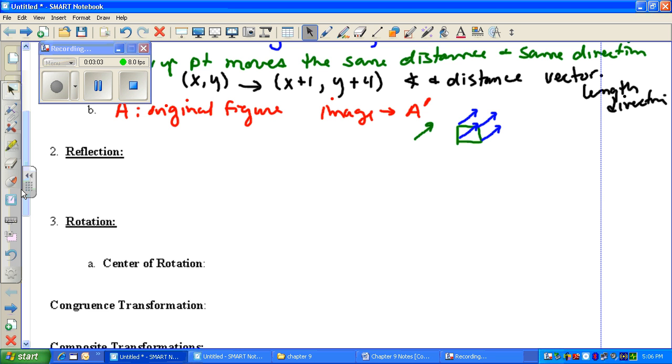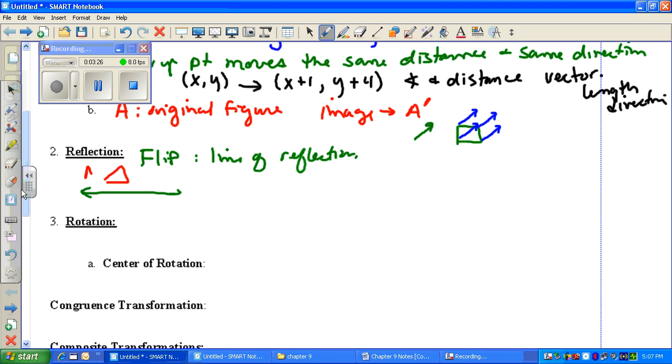Now we have a reflection. You're probably more familiar with a reflection. All we're going to do is think of it as a flip. So we have this line of reflection. Suppose I have some triangle, that's A, my original, and I flip it, it's going to end up down here across this line.